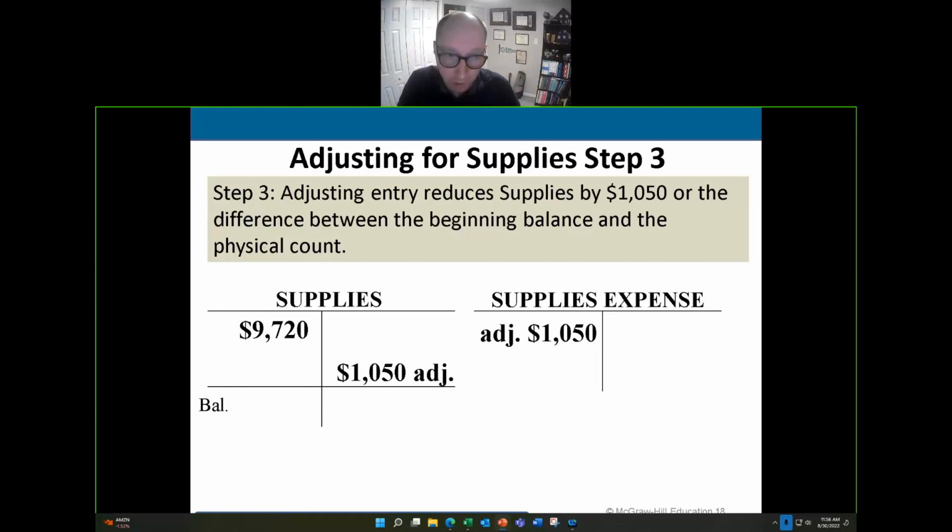But what I do know is I'll use the supplies whenever I need them. And so with supplies, we typically record the adjusting journal entry either at the end of the year or whenever we do the physical inventory count during that accounting period. Does that make sense?